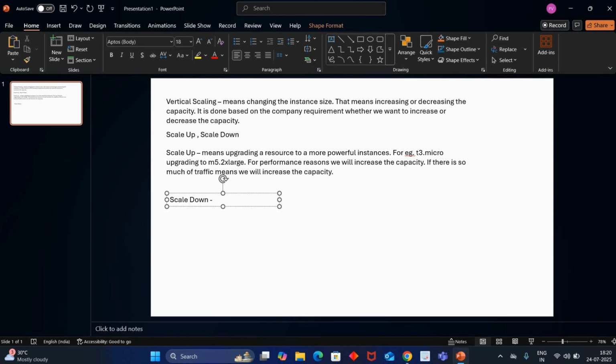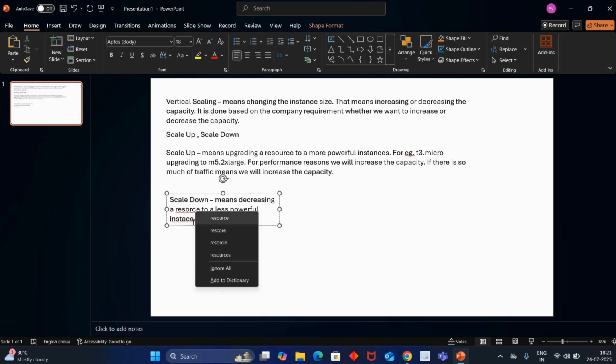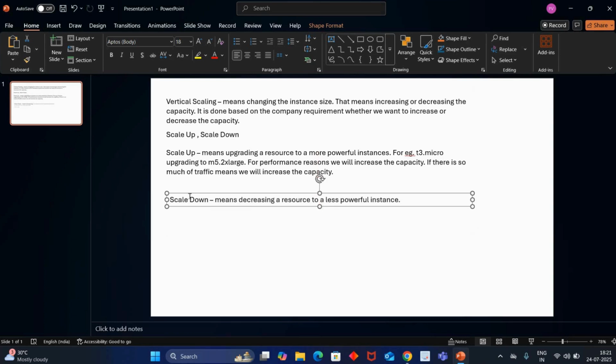Scale up means upgrading a resource, but scale down means we are decreasing a resource to a less powerful instance.